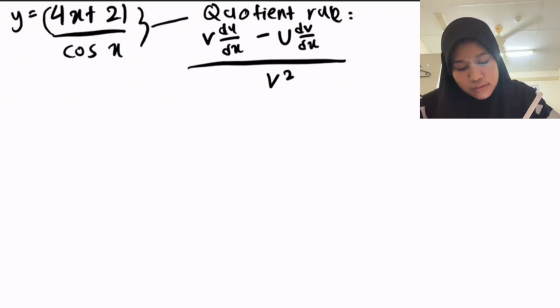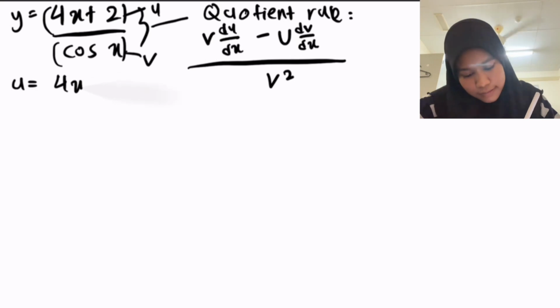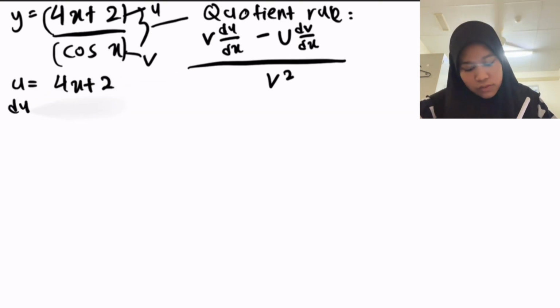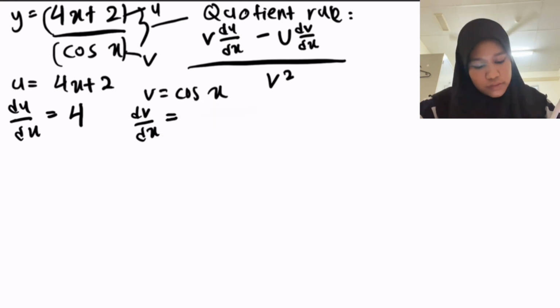So this will be u, this will be v. u equals 4x plus 2, du over dx equals 4. v equals cos x, dv over dx equals negative sin x.